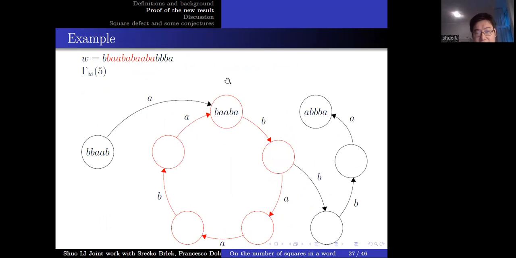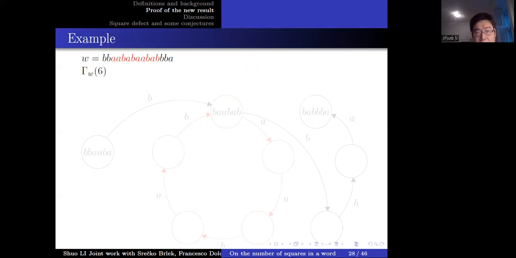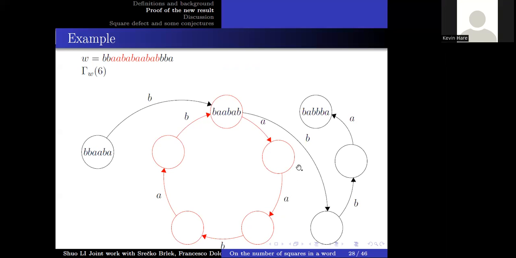And on gamma 5, there exists one more small secret, and this small secret will be associated with the word BABA. And on gamma 6, there exists a small secret like this. This one will be associated with the word ABAB and ABAB.